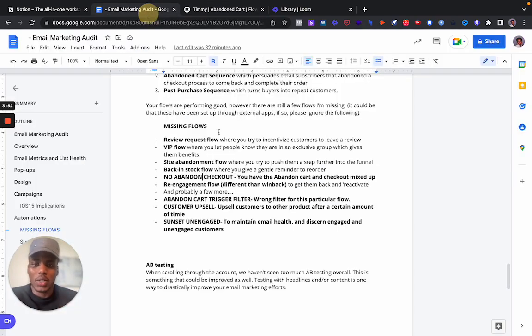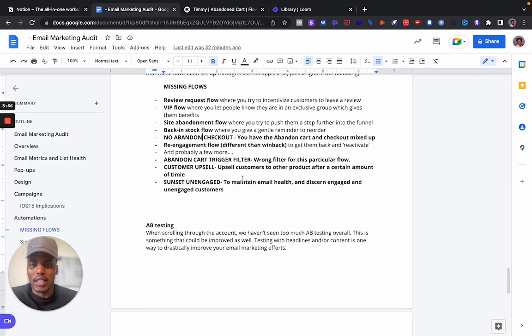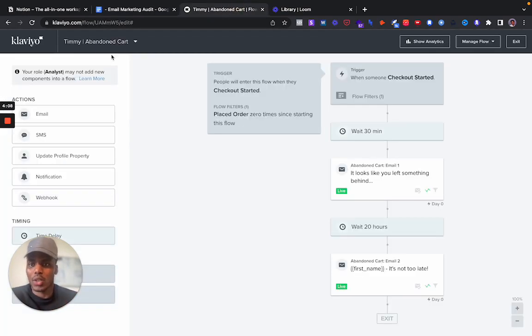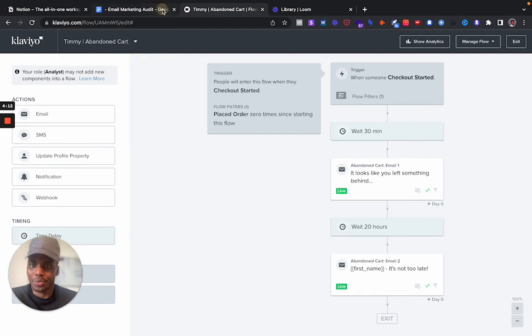And then the next one is the re-engagement flow. Now, essentially what this does is allows you to re-engage with people who are somewhat inactive, and see exactly what happens. Now, this is a very different flow to the win-back flow. As you can quite clearly see here, this wasn't to be found once again.